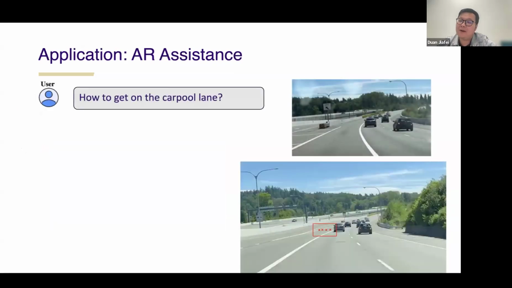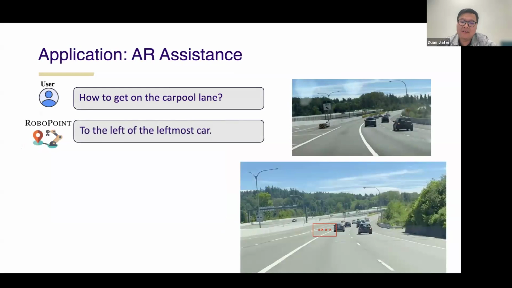We can also use it for AR, and that's pretty amazing because none of the training data contains driving or autonomous driving, at least none that was used by us for fine-tuning. So in this context, we obviously require some kind of chain-of-thought prompting process. We first ask RoboPoint how do we get to the carpool lane? Because it's a general-purpose VLM, it will be able to tell you that the carpool lane is most likely on the left side of the car.